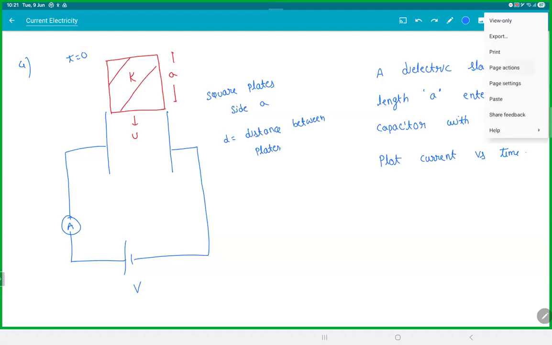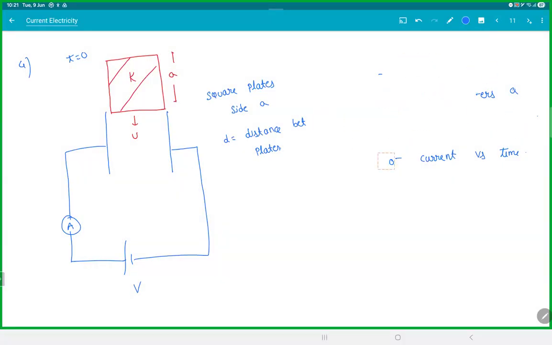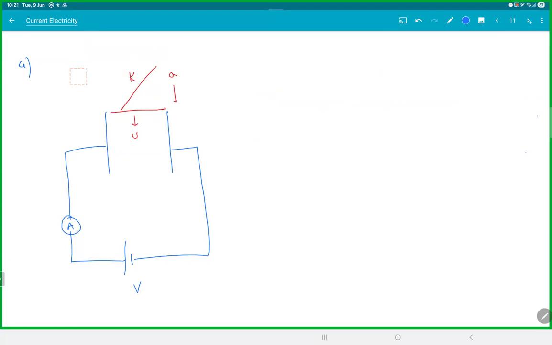So let's say this thing has already gone X inside. And this will look like what we just did, the force on a dielectric slab.